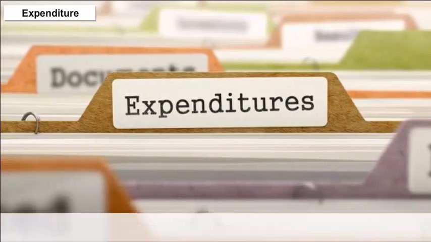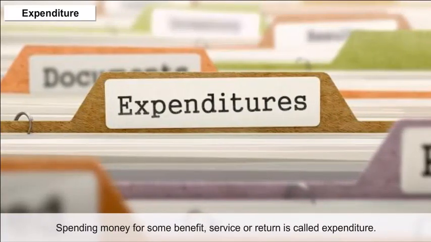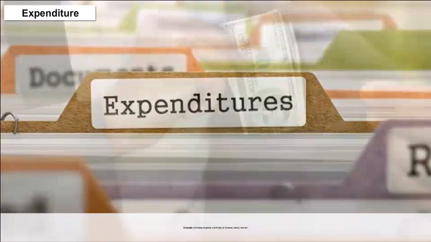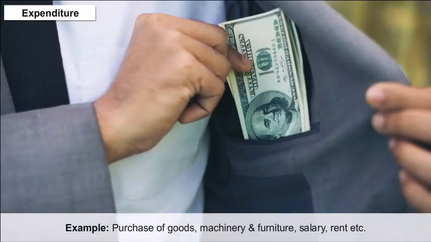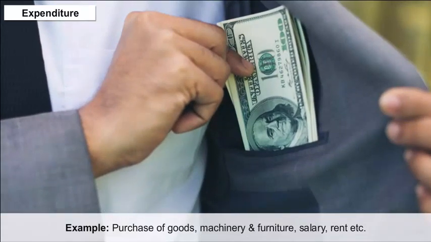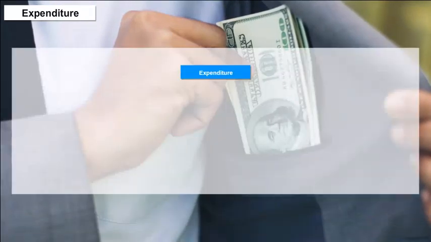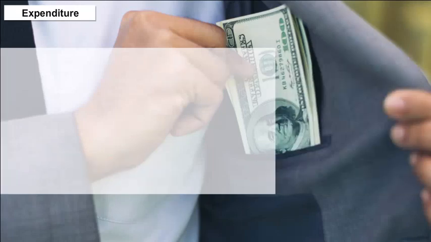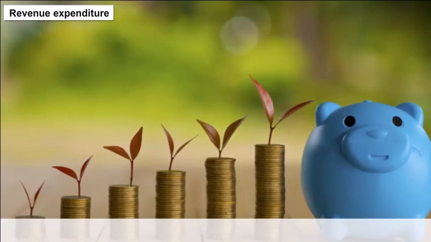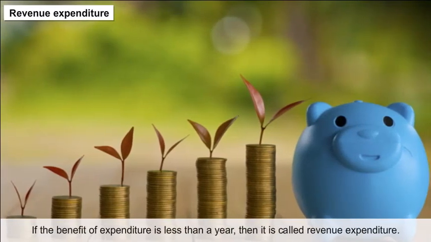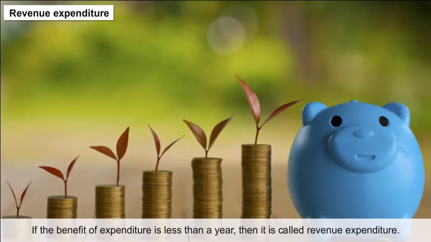Expenditure. Spending money for some benefit, service or return is called expenditure. Example, purchase of goods, machinery and furniture, salary, rent, etc. Expenditure can be capital or revenue expenditure. Revenue expenditure. If the benefit of expenditure is less than a year, then it is called revenue expenditure.